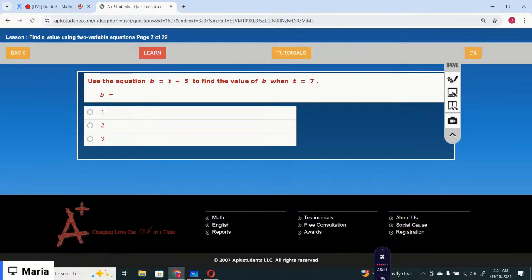The correct option is 7 minus 5 is 2. The correct option is option number 2.